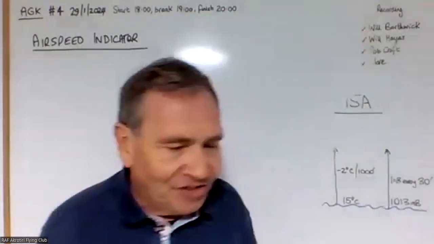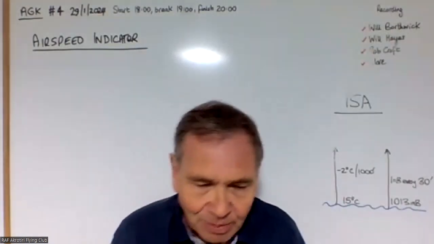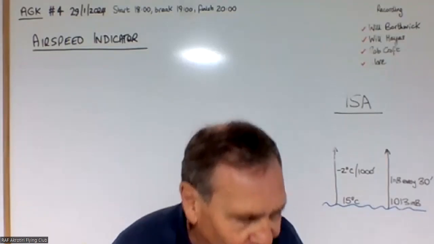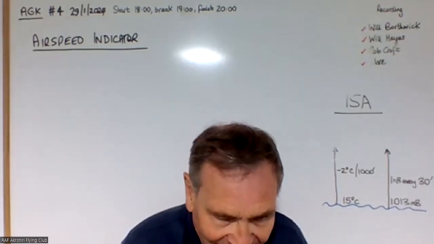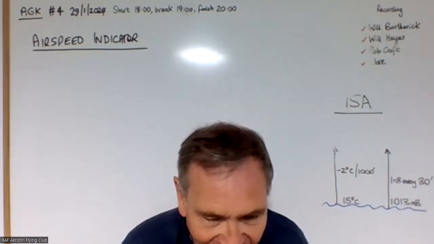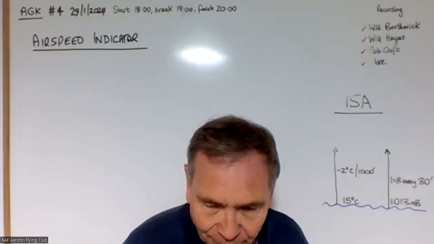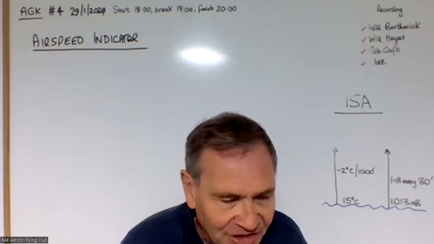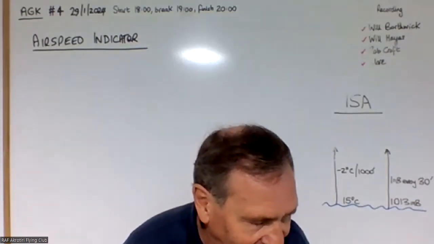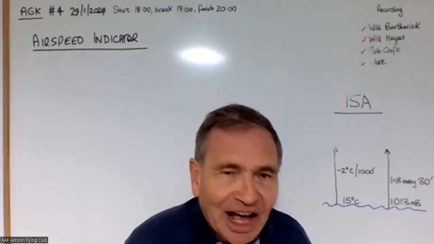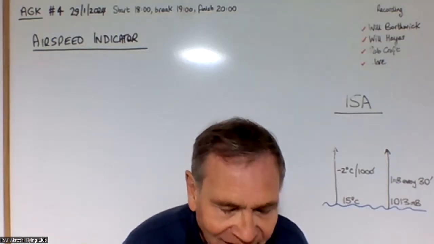Let's think first about the pitot tube. And the pitot tube has got an insect stuck in it, and it's blocked, completely blocked solid. So if the pitot tube was blocked solid, and I got in the plane, so the static port is working great, right?